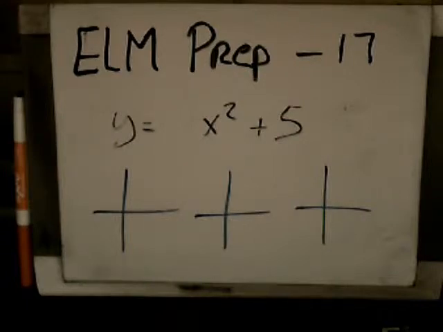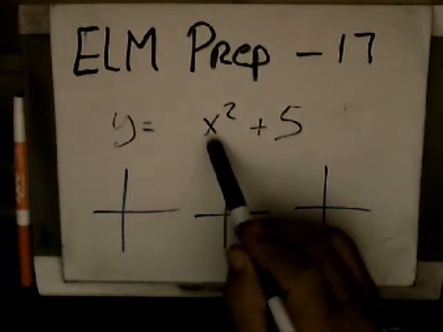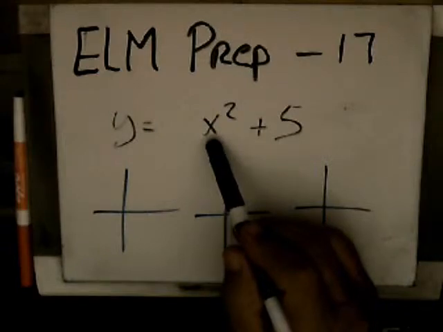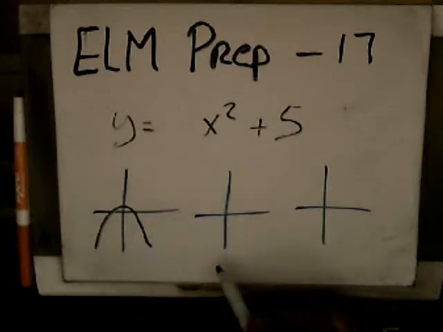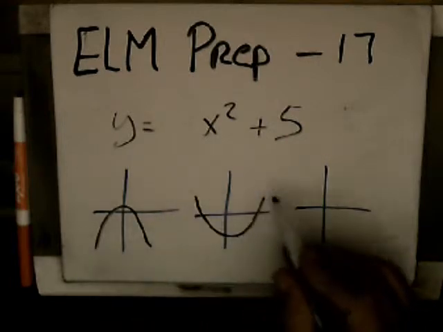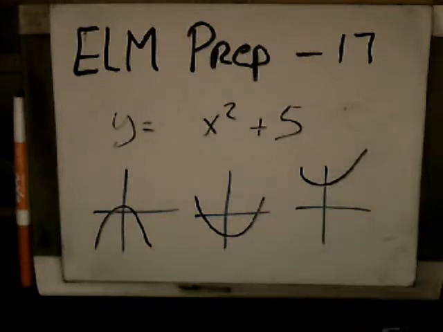Now, one of the ways to look at this is I let x equal 0 and find out what y is. I'm going to just draw a few graphs here. And like I say, there are usually 5 graphs in your answers.